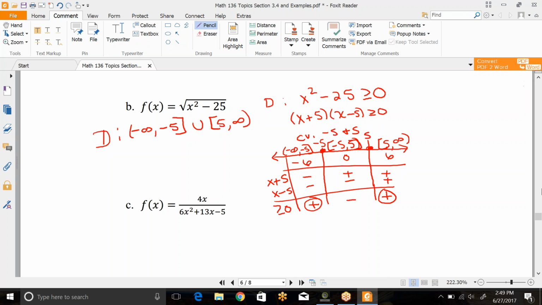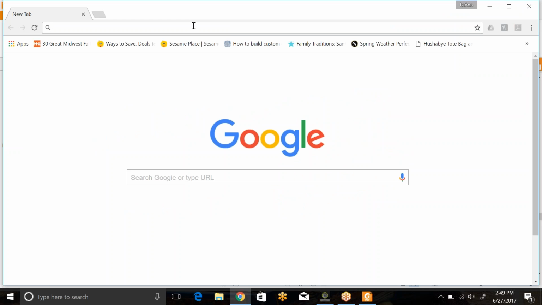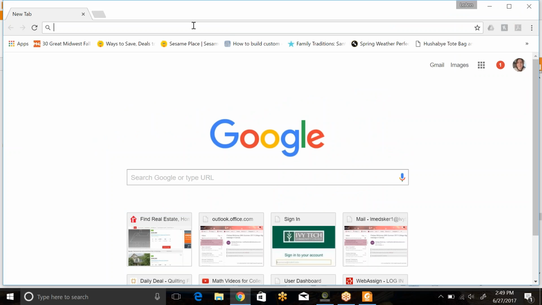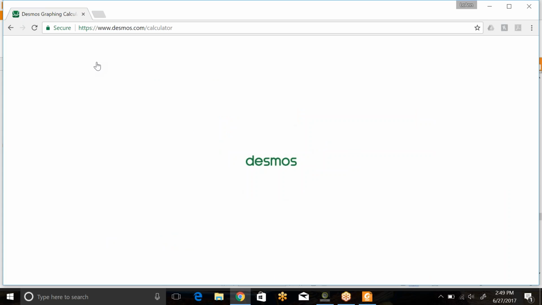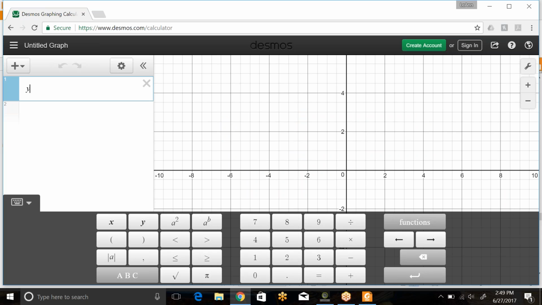What's interesting about this one, and what I'm going to show you, because this one's not usually one we would put on the exam, it's a little bit difficult because of the combination of two different sections of notes. But if you go to Desmos and you actually put in the picture of that graph, it's interesting looking. So I wanted to show you what this graph looked like so you could see that those domains actually make sense.